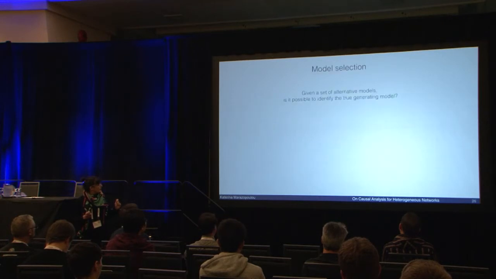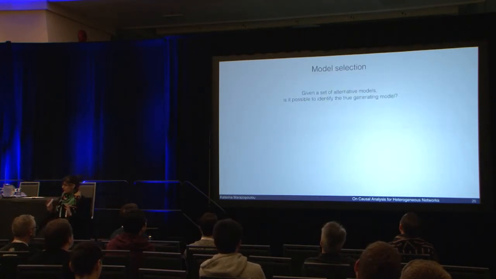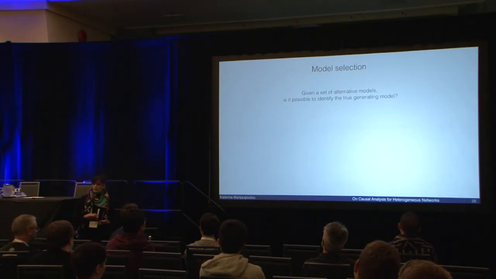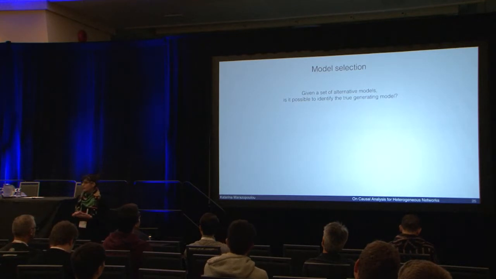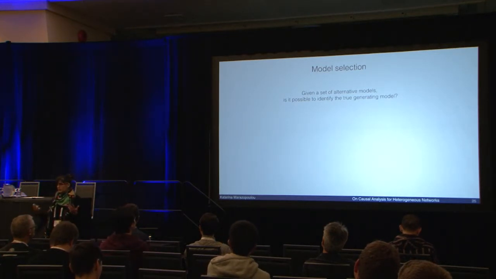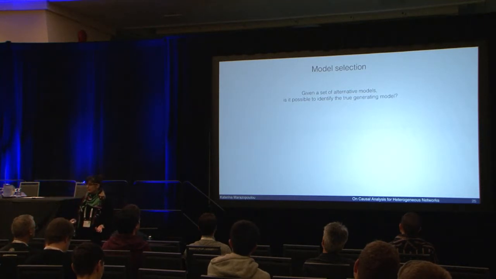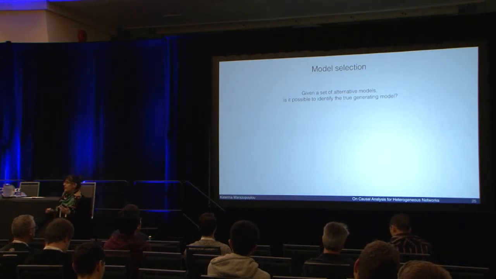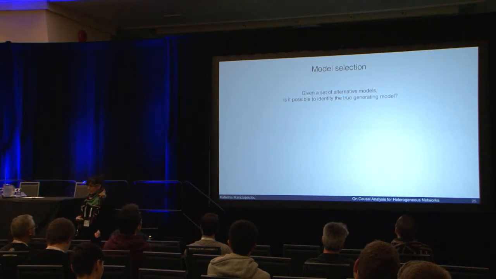So at this point, we have shown that using different semantics does make a difference on the values of the effect that you estimate. And the next question is, great, can you tell us which one we should be using? So given a set of candidate models, how can we pick the one that is the true one or at least more closely matches our data? So we chose to treat this as a model selection problem.